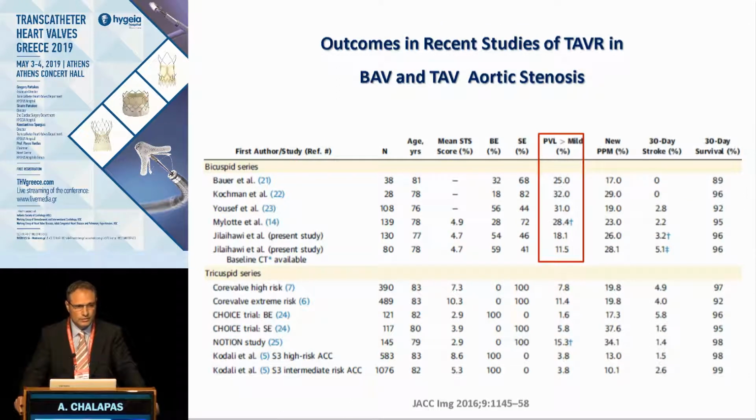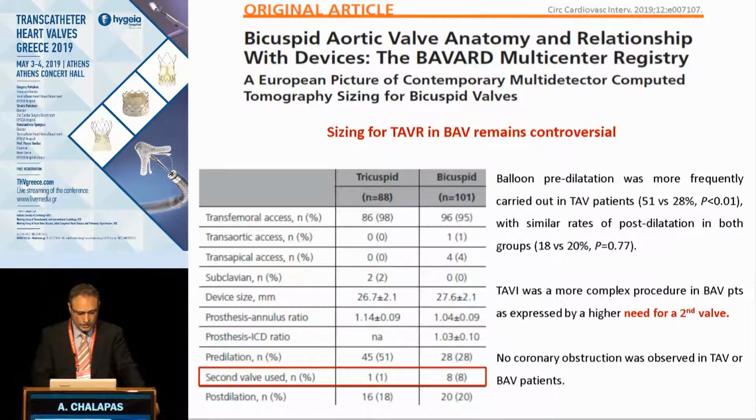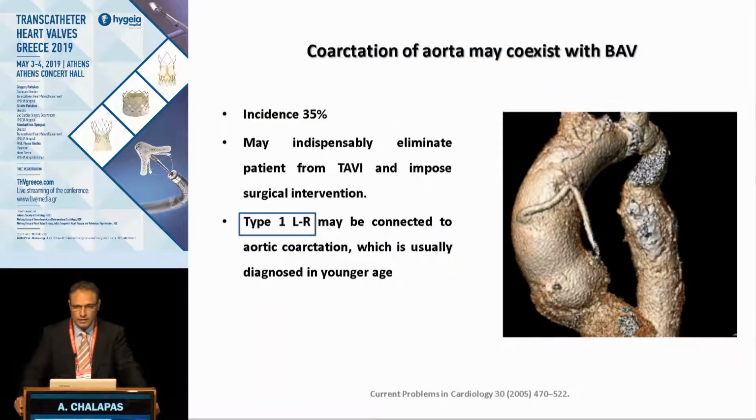And we know that the existence of more than mild paravalvular leakage is almost 2 times higher compared to the tricuspid valves, and the need of a second valve in such cases, according to recently published data, is 8 times higher.